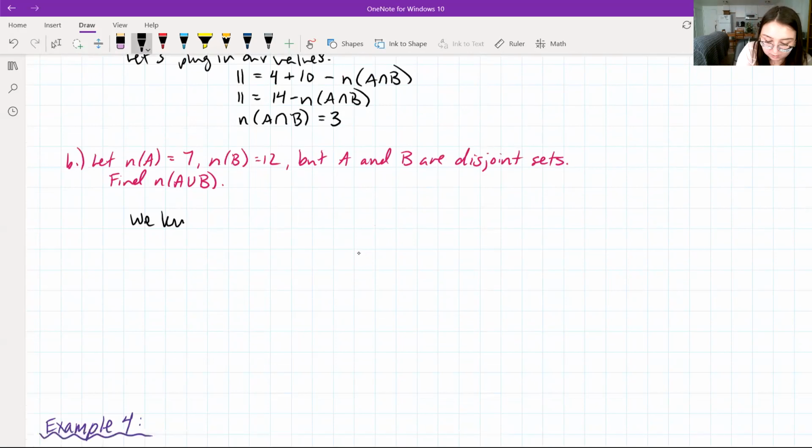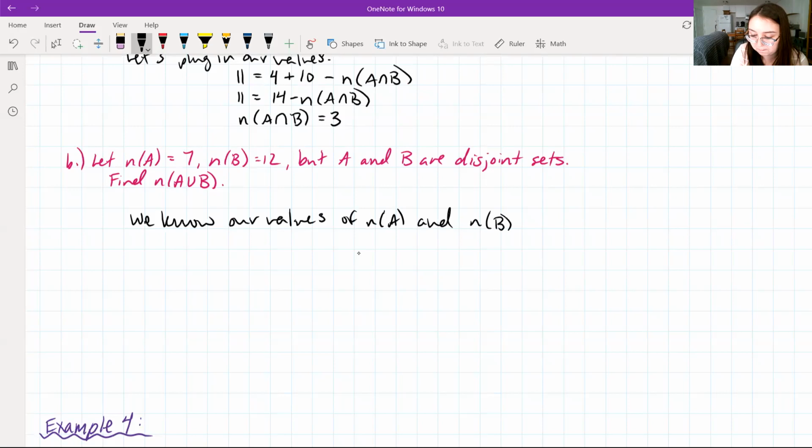So we know our values of N of A and N of B, but they're disjoint. So N of A intersect B is equal to 0.